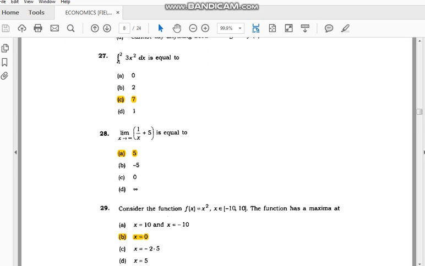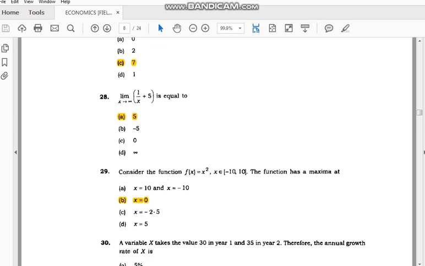We have to remember that when solving a limit, as x tends to infinity, x is approaching infinity, so 1 by x will be 0. So 0 plus 5 is equal to 5.